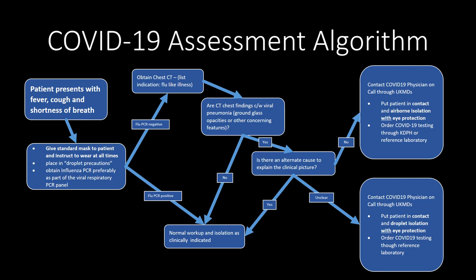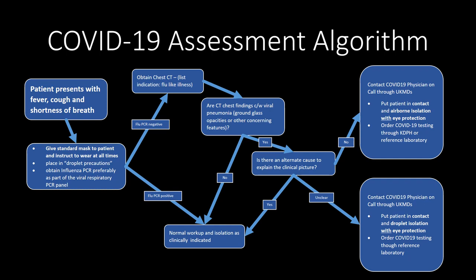For patients under investigation for COVID-19 infection or patients presenting with fever, cough, and shortness of breath, we've developed a basic assessment algorithm. When the patient is first presenting with fever, cough, and shortness of breath, they can be placed under droplet precautions and given a mask to wear at all times.